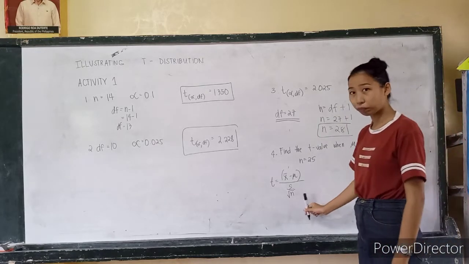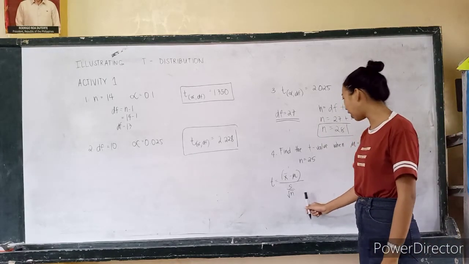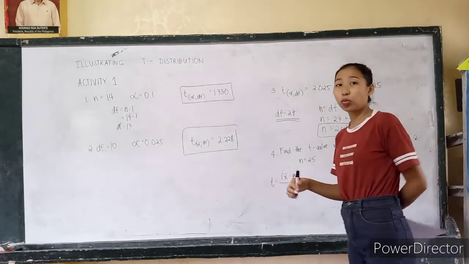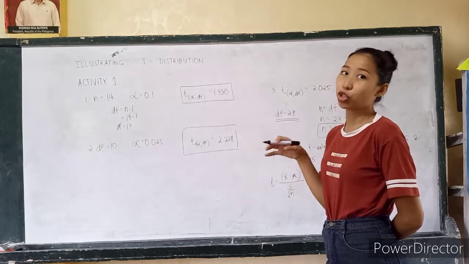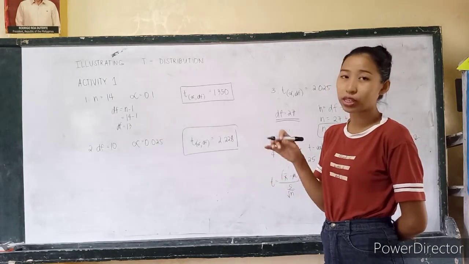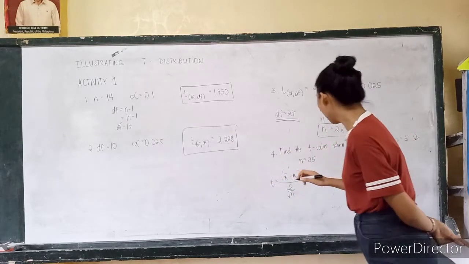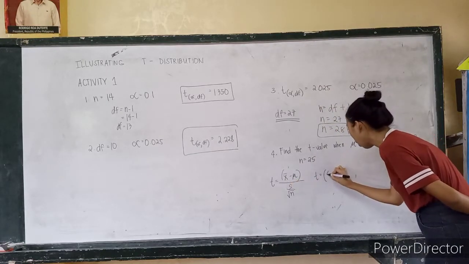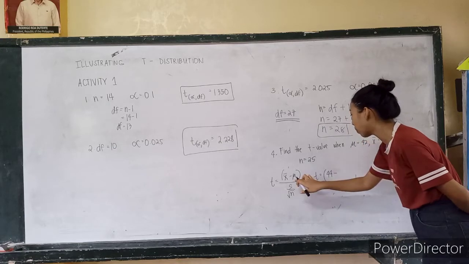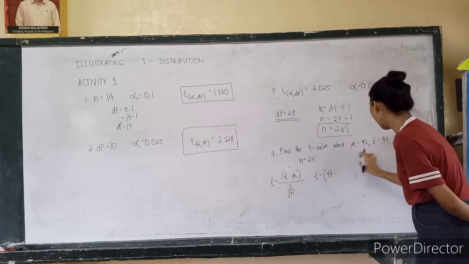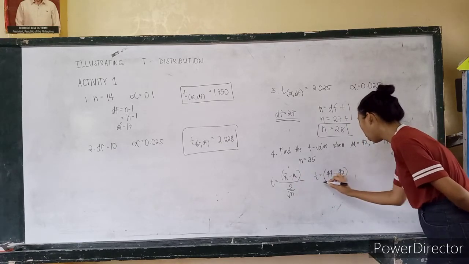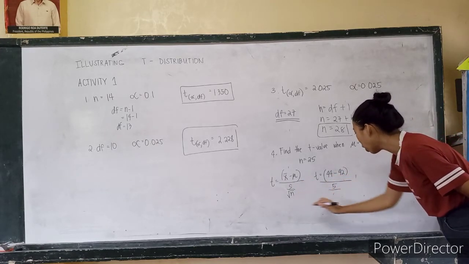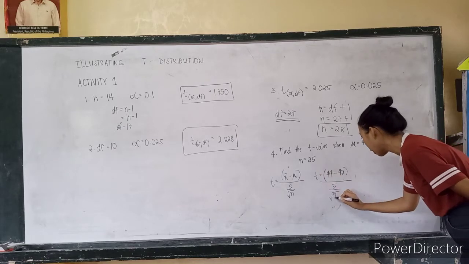That is your formula, and you are given the following numbers. So what do we do? We substitute directly your numbers for your letters. So we have t is equal to x bar, which is 44, minus mu or population mean, that is 42, over s, which is 5, over square root of n, which is 25.